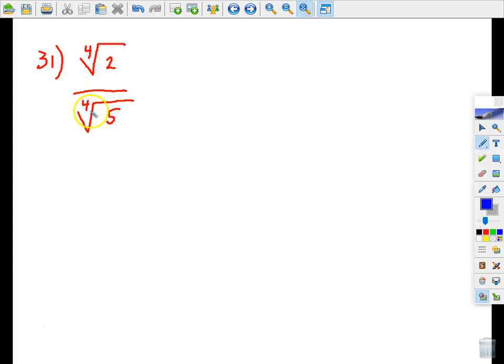And for roots that are not square roots, for example cube roots and fourth roots like we have in this problem, what we're trying to do is multiply by a fourth root expression that would produce a perfect fourth root number in this case.